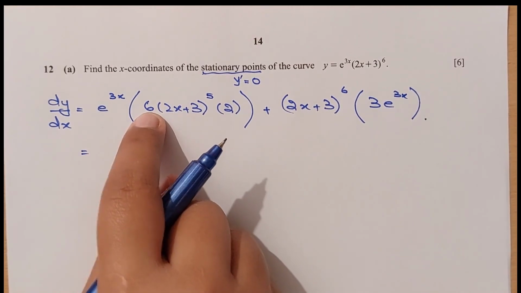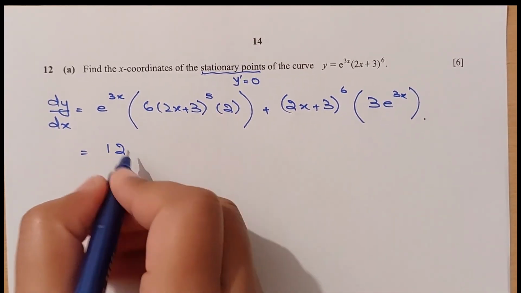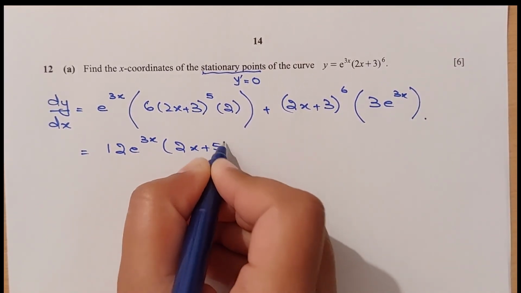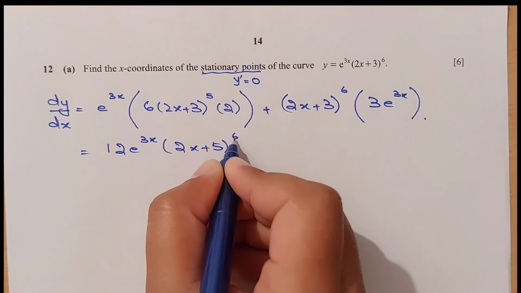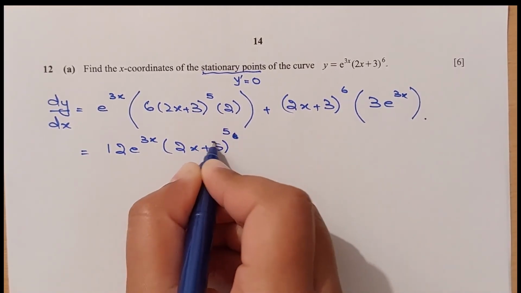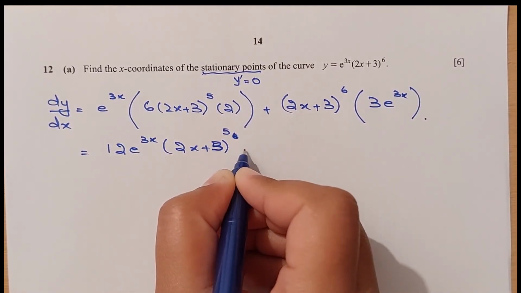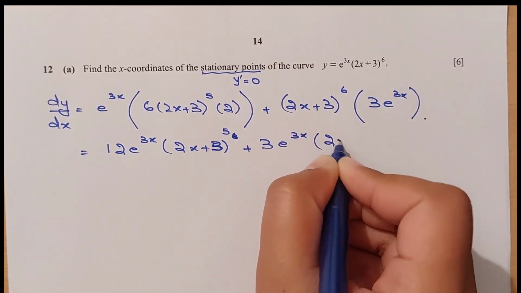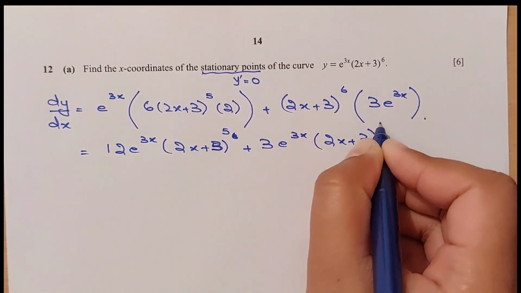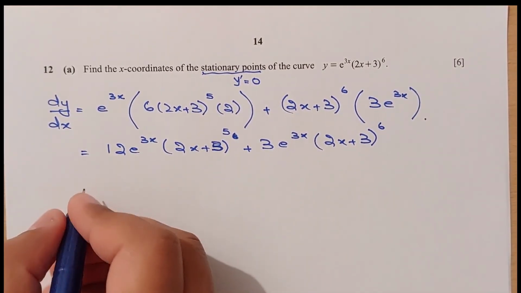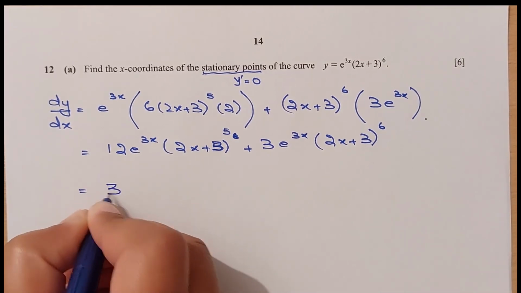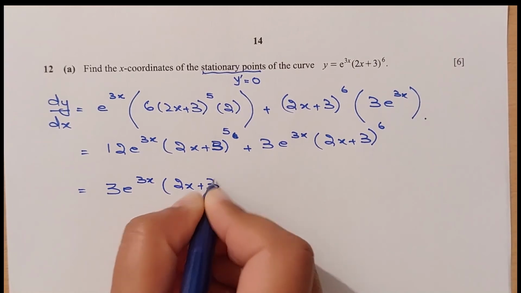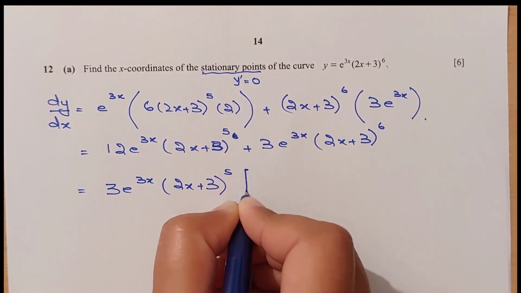We have 6 times 2 is 12 e power 3x, and (2x plus 3) power 5, and here we have 3 e power 3x and (2x plus 3) power 6. Okay, for further simplification we can take 3 common, e power 3x is common, and (2x plus 3) power 5 is common, right?